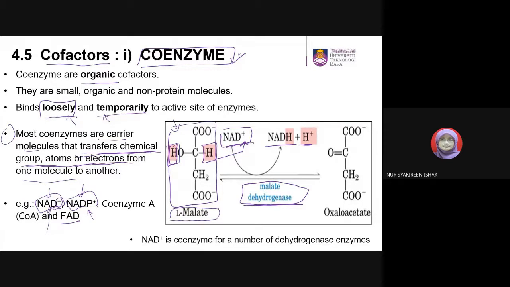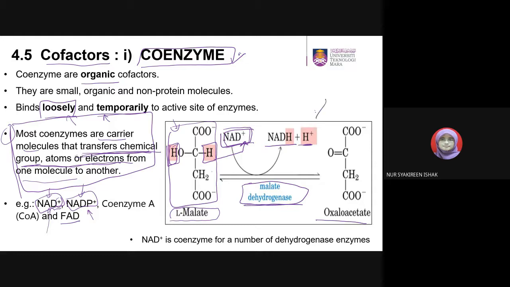Malate now will be converted into oxaloacetate. So you look at the way the coenzyme works: it transfers chemical groups from one molecule to another. In this case, NAD+ takes hydrogen atoms from malate. It takes and adds the hydrogen ion to itself to become NADH.